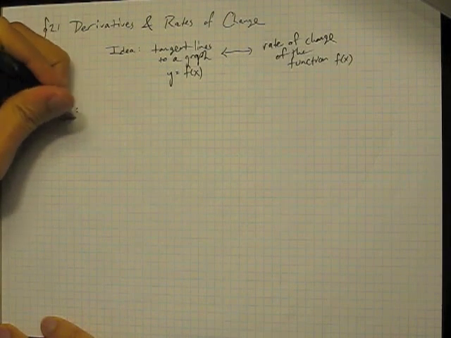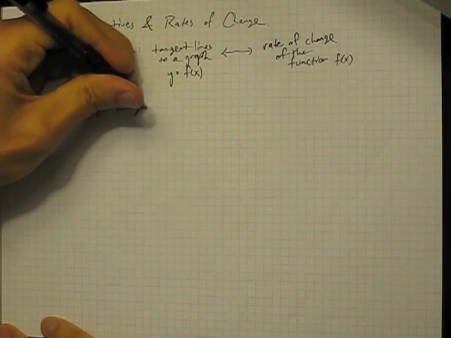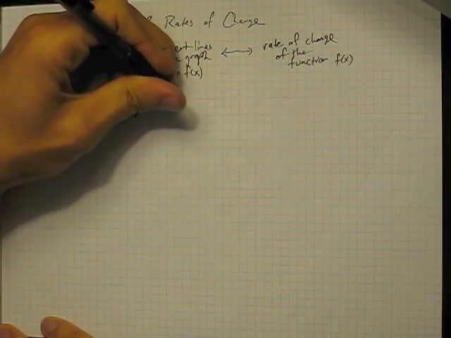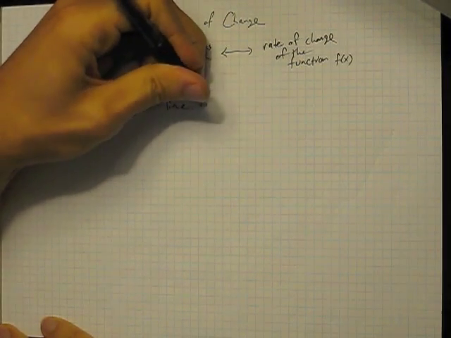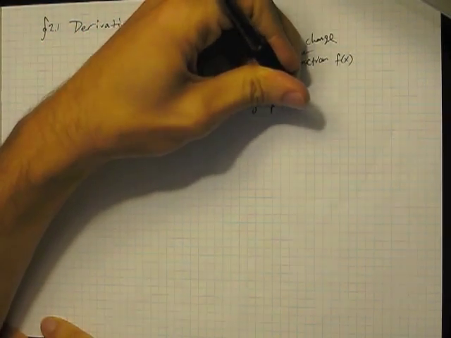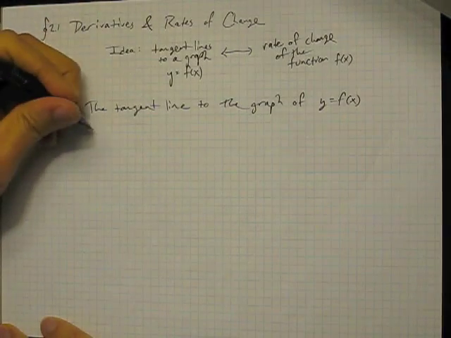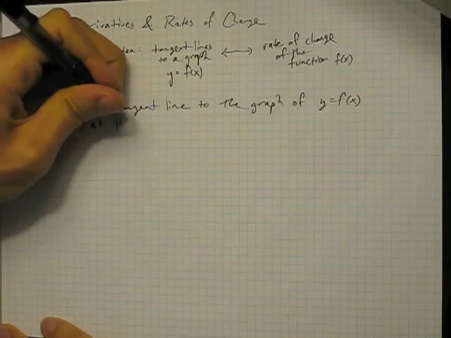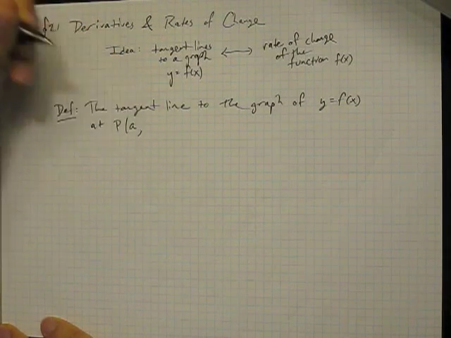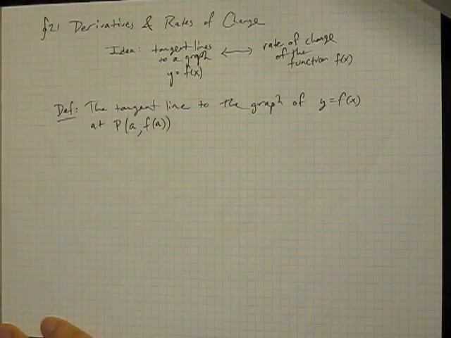Our first definition is the tangent line to the graph of y equals f of x at the point P. Let's give this a coordinate. So a is the x-coordinate, and that means that the y-coordinate is f of a.